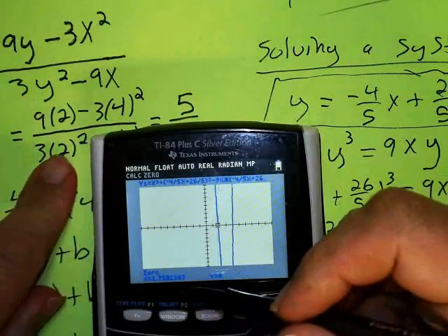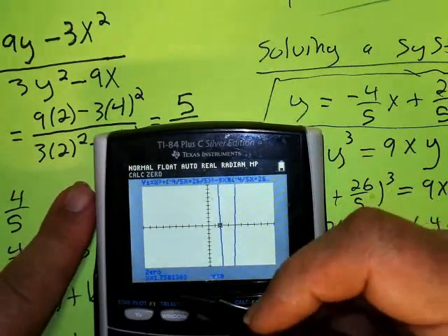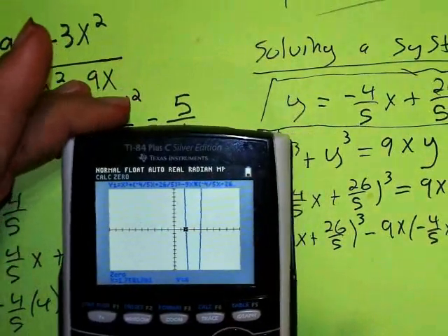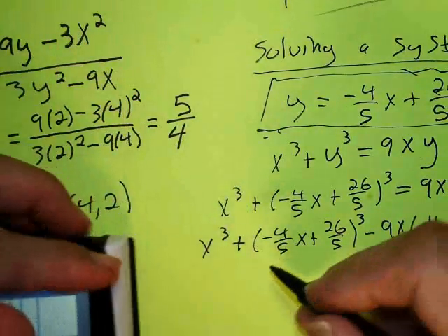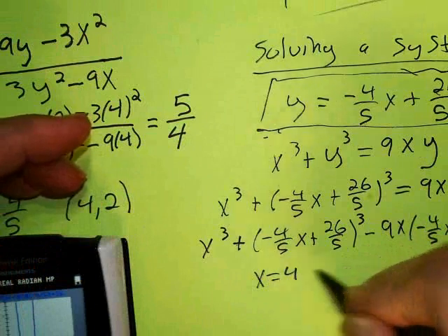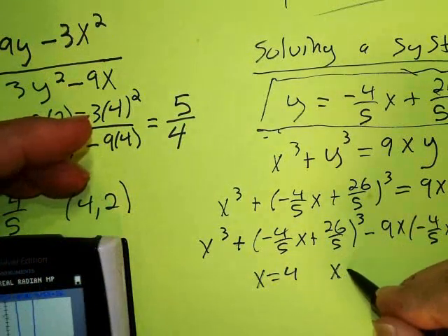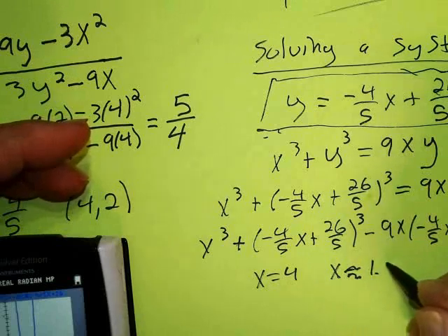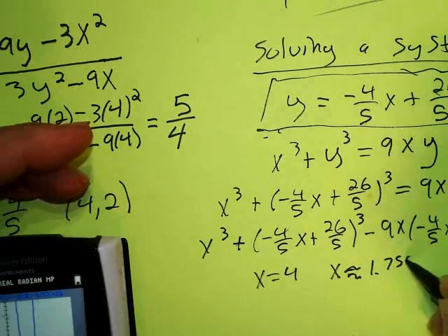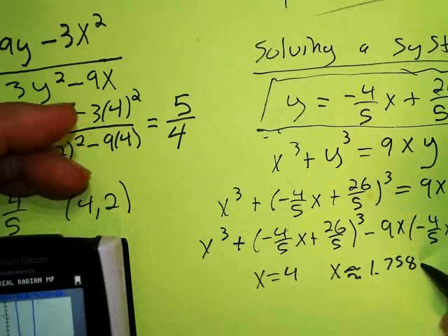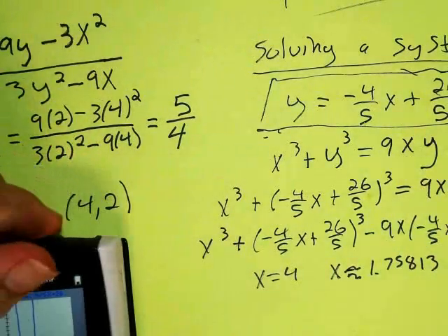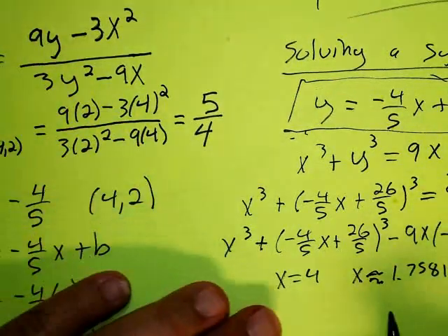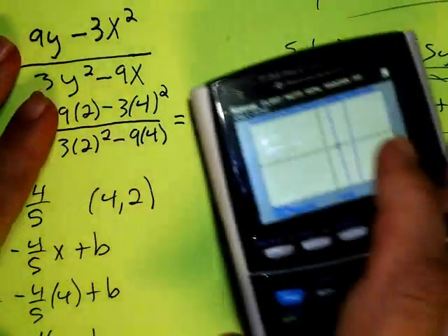You see I get one of the zeros here, and it is approximately 1.75813. And so this is the other point where it intersects.